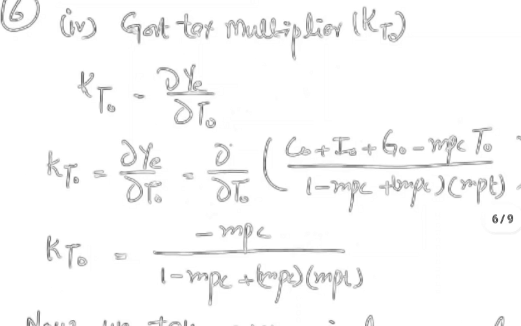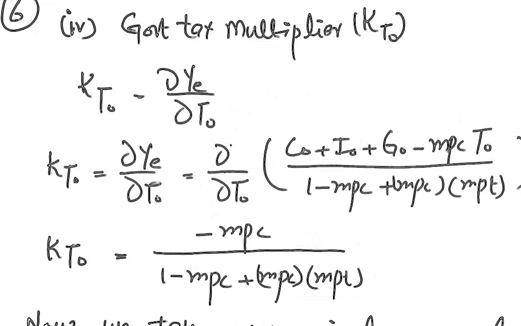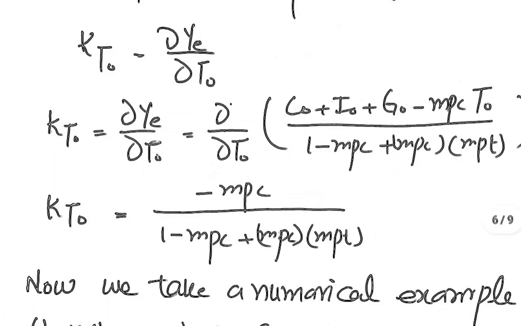So we can calculate the tax multiplier formula by taking the partial derivative of the national income equilibrium formula with respect to taxes, and that is curly Y divided by curly T naught, equal to curly divided by curly T naught of the national income formula.